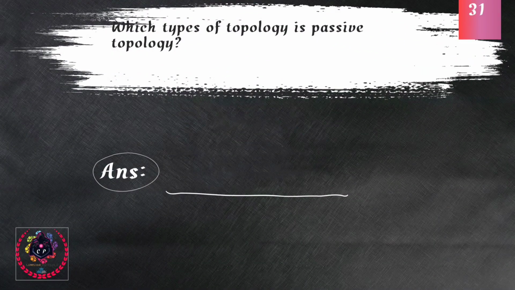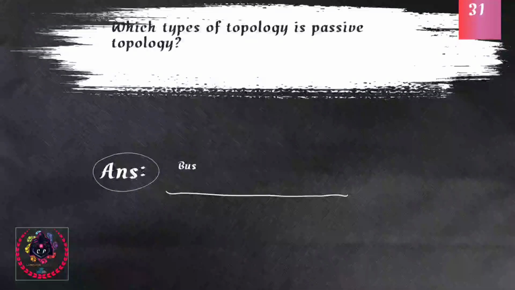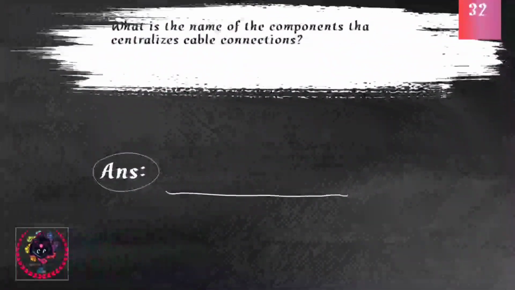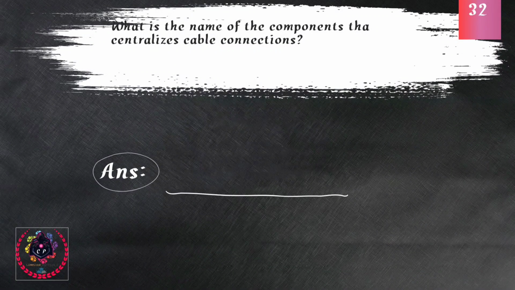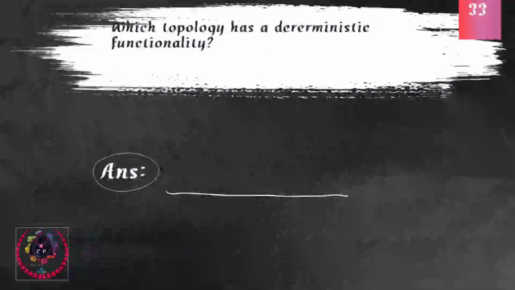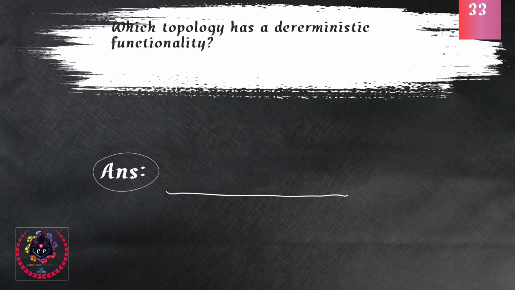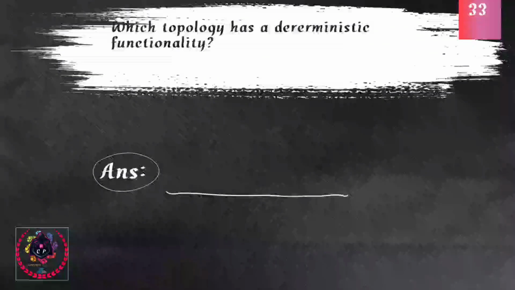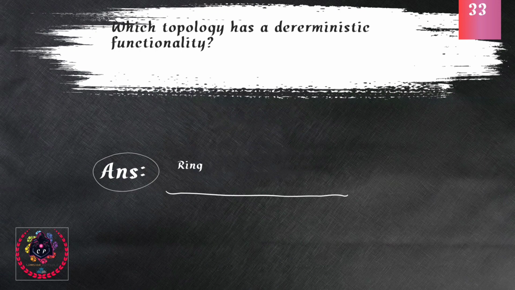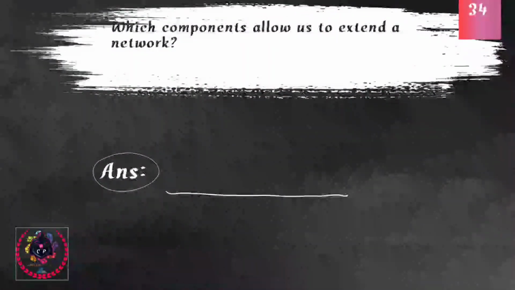Which type of topology is a passive topology? Bus. What is the name of the component that centralizes cable connection? Hub. Which topology has a deterministic functionality? Ring.